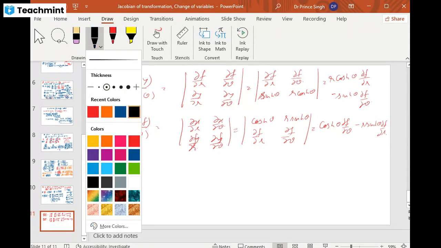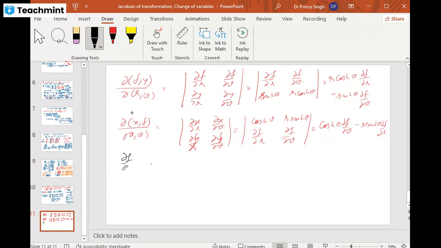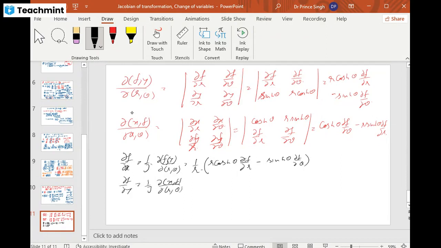So ∂f/∂x is 1 upon Jacobian times ∂(f,y) with respect to (r,θ). The Jacobian is r, and its value comes out to be r cosh θ ∂f/∂r minus r sinh θ ∂f/∂θ... And ∂f/∂y is 1 upon J times ∂(x,f) with respect to (r,θ).